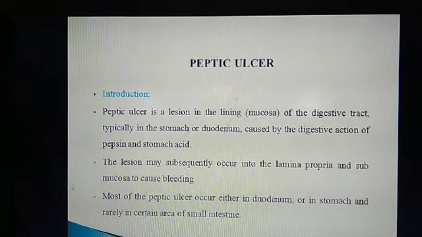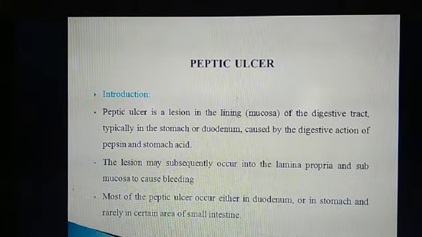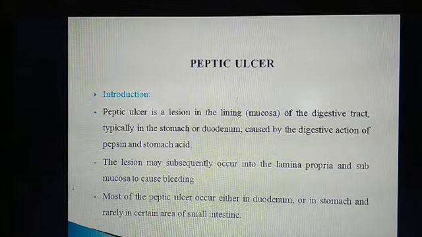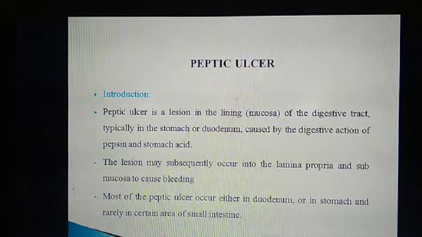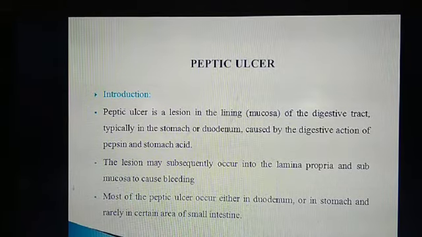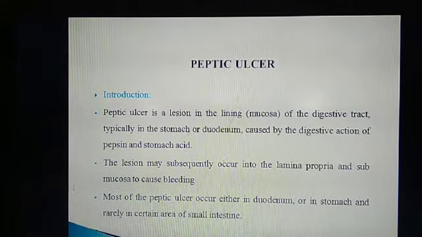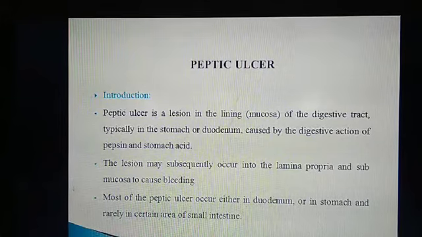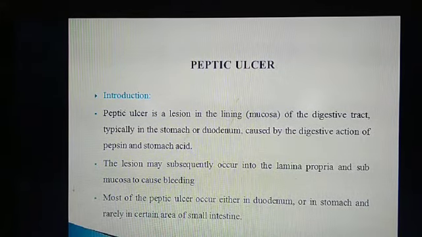Basically, whenever there is food, they will digest the food, and if there is no food available, they can cause some other effect that can later lead to peptic ulcer.